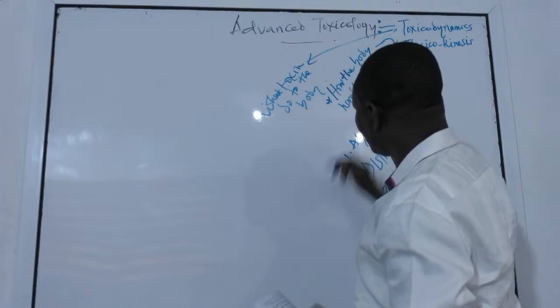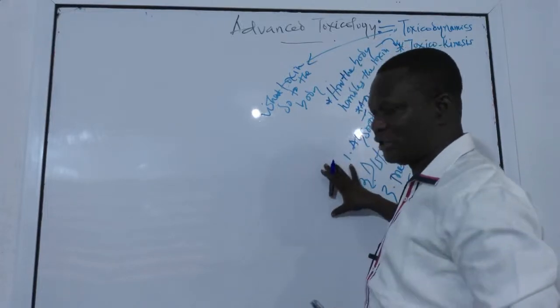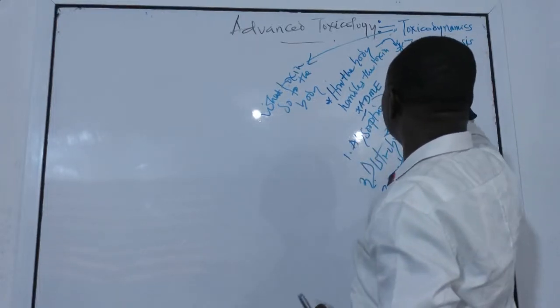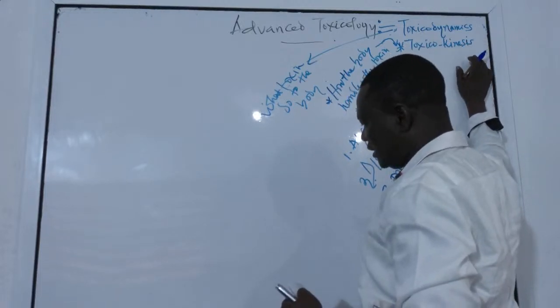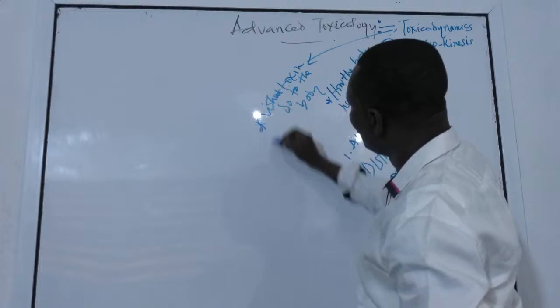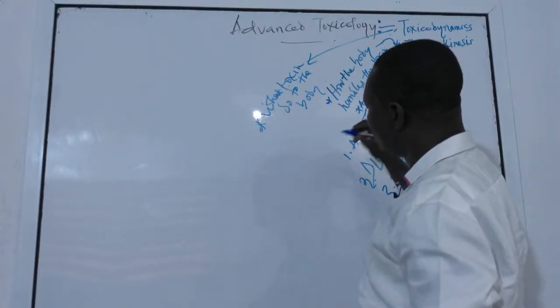I said the first one is how the body will handle the toxin, and that leads us into four processes, known as toxicokinesis. For toxicodynamics, we want to know what the impact of that toxin on the body will actually be.